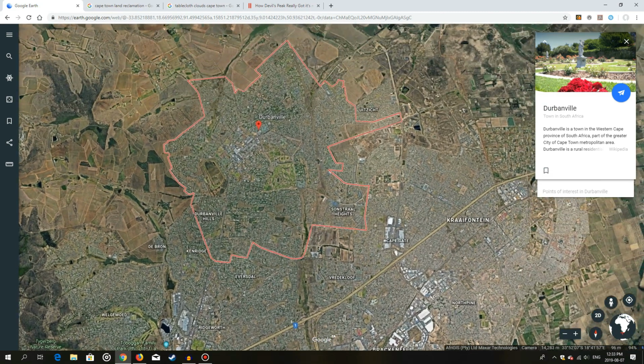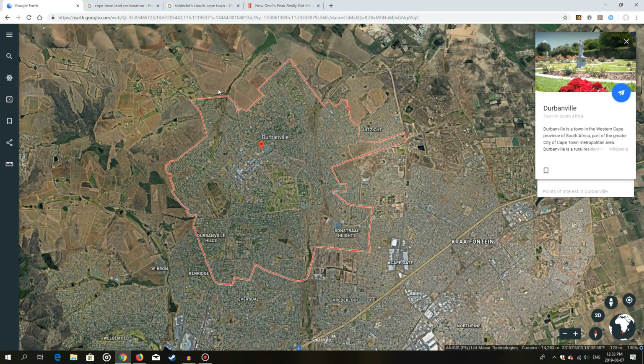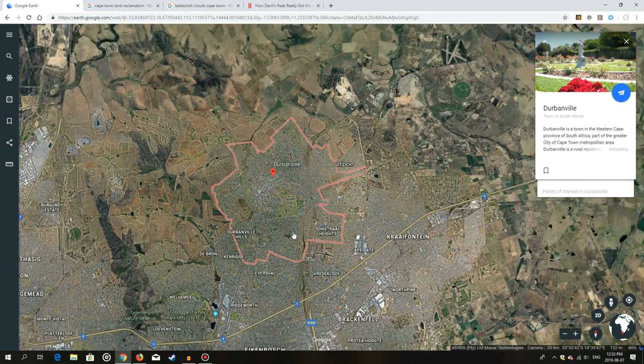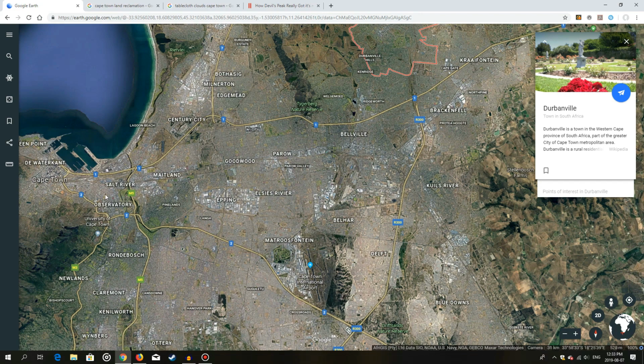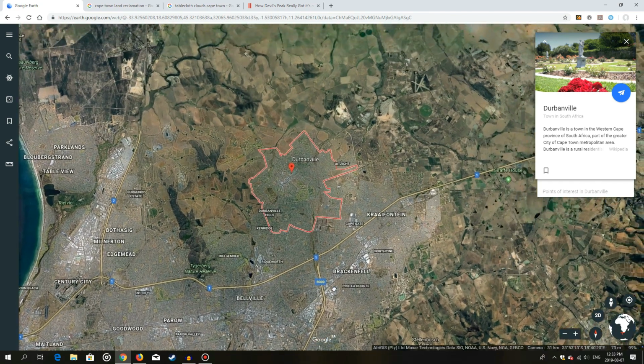But if we just have a look again, clicking on it, we can see the outline, which is a nice thing. This was also its own municipality back in the olden days, if I remember correctly, before the various parts of Cape Town all melted together into the metropole, or the larger metropolitan area.